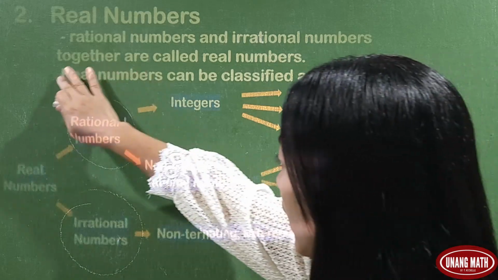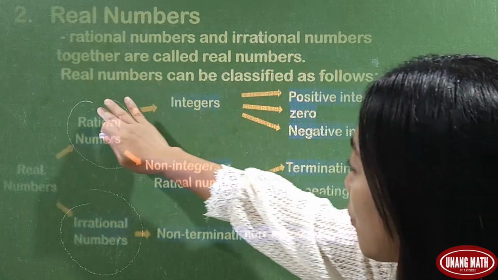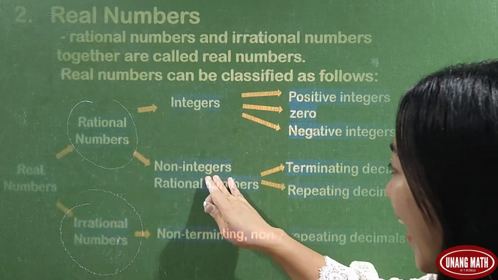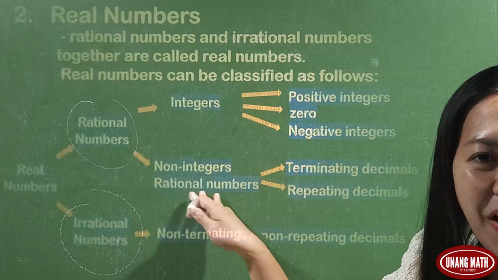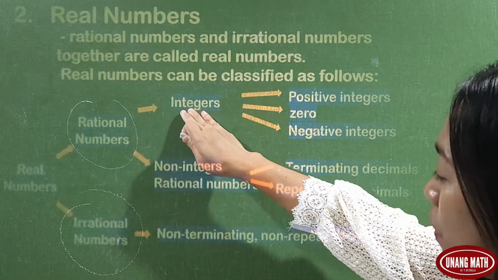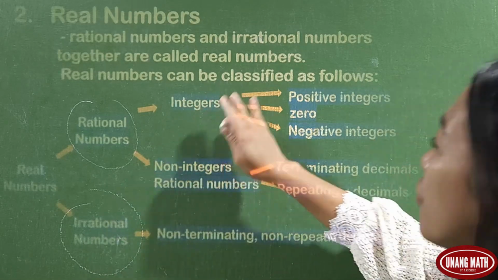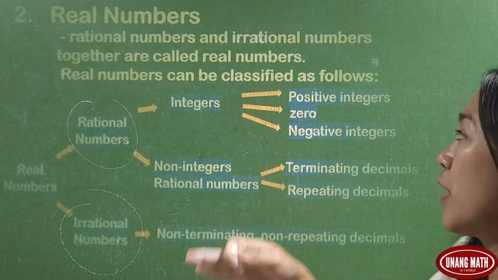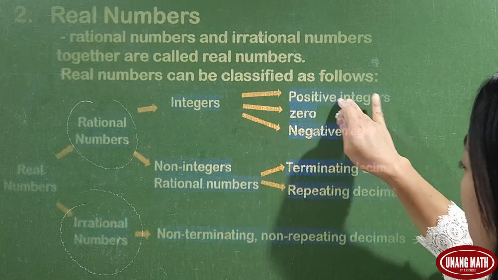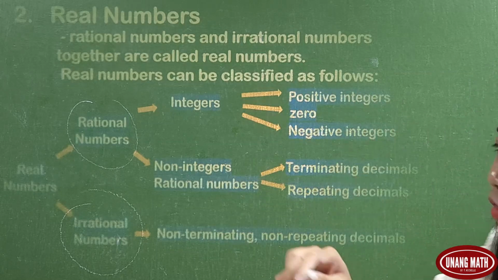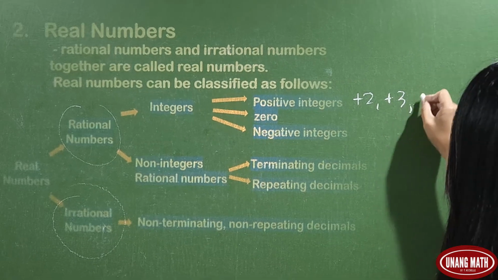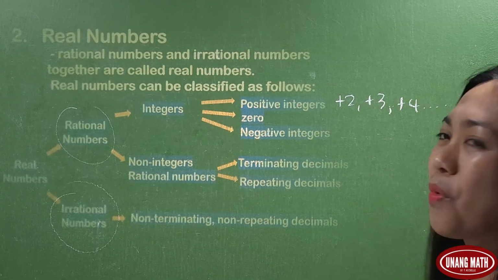We already studied that rational numbers are integers and non-integers. We already know that when we say integers, these are positive or negative exact numbers including zero. Example of positive integers, we have here positive 2, positive 3, positive 4, and so on.